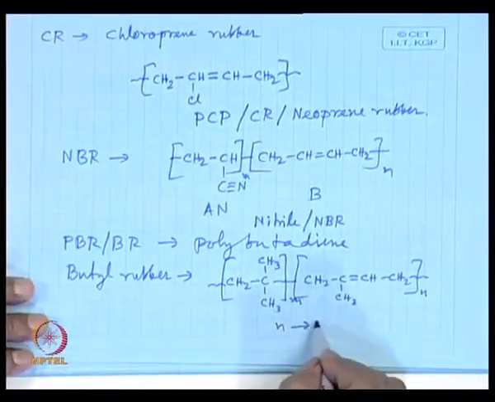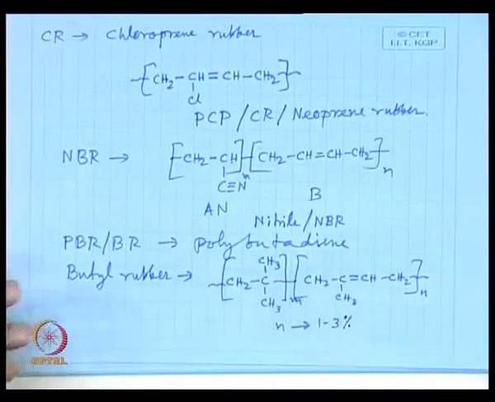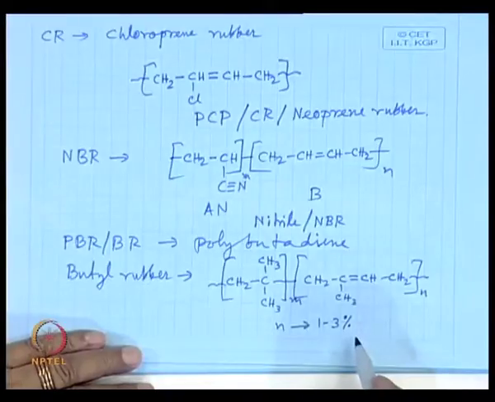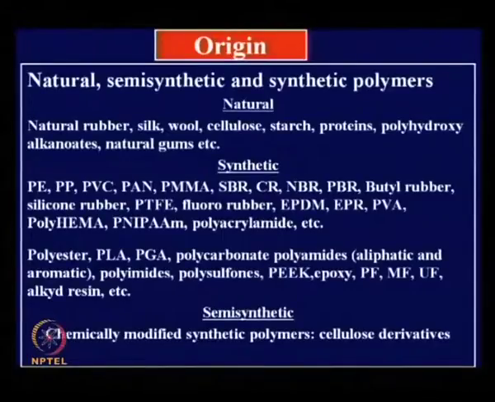Where n is only 1 to 3% comonomer percent. This is actually butyl rubber. Okay.